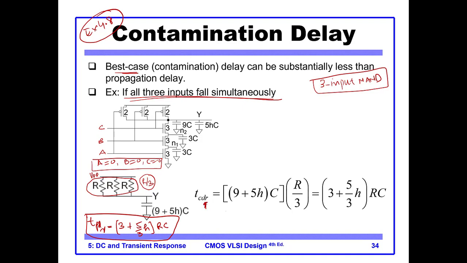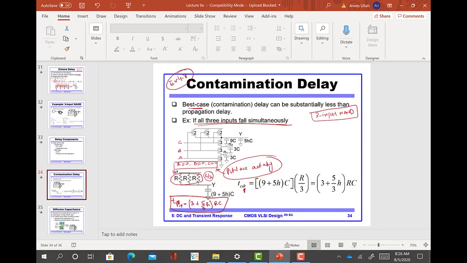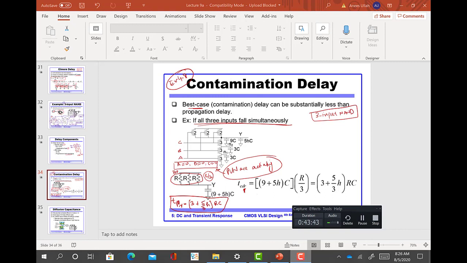So note the rise. Why rise? Because all the pull-up network are activating. So you are pulling up to the VDD. So that's why it is the rise delay.